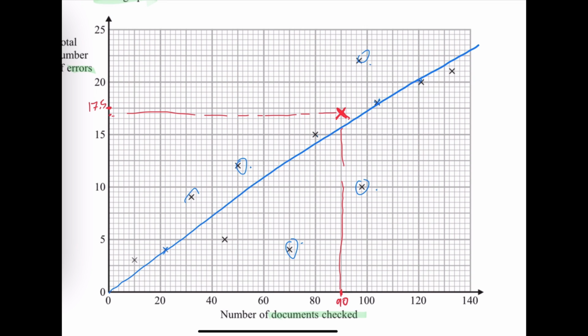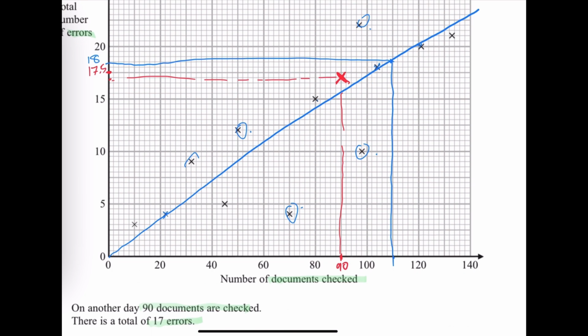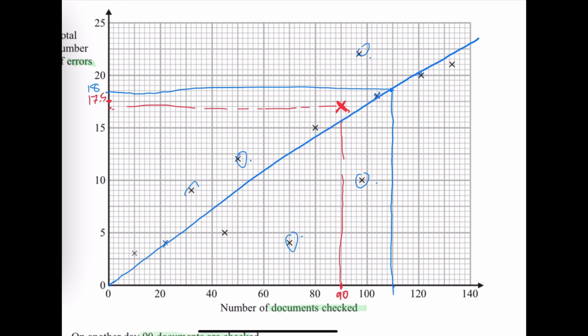So now we go to 110, which is over here. We draw a line until we touch our line of best fit, and then we go to the other side, and you can see over here it's around 18, so there are going to be around 18 errors, and this will depend on what type of line of best fit you draw. But try and make sure that it goes through as many as possible and goes with the trend.